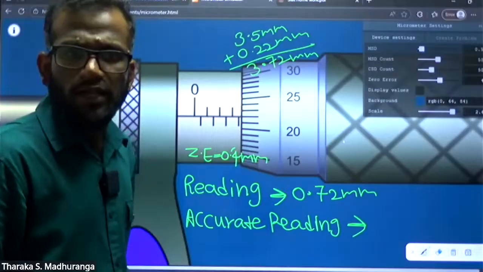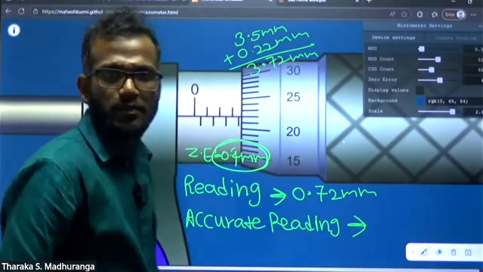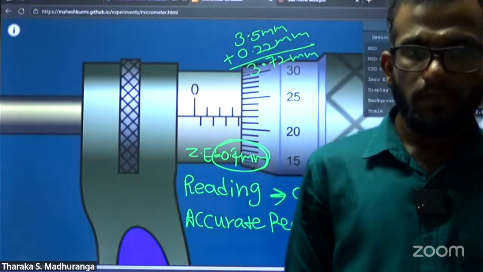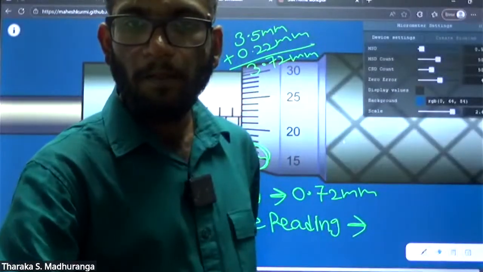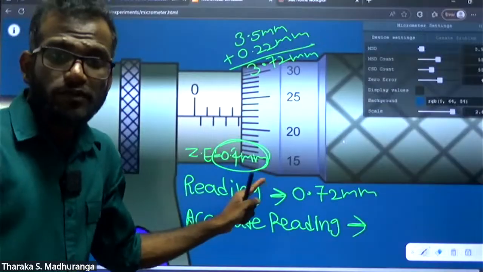The actual reading: there is a positive zero error of 0.4 millimeter. Then how do we get the actual reading? Very good, Sadev, correct.